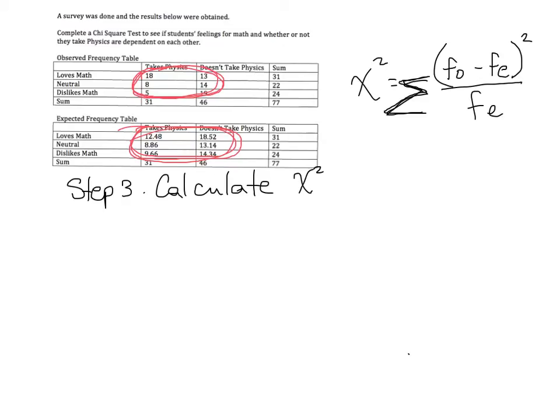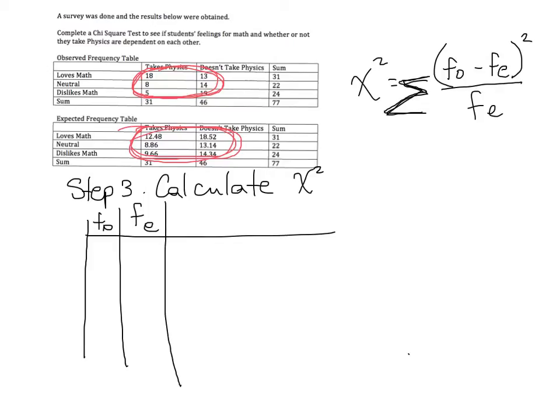We're going to set up a table, and in our table we're going to list our FO values, or observed frequency values. We're going to list our expected frequency values, called FE. We're going to make a column for the part in parentheses, FO minus FE. So that's what's in parentheses in our formula.